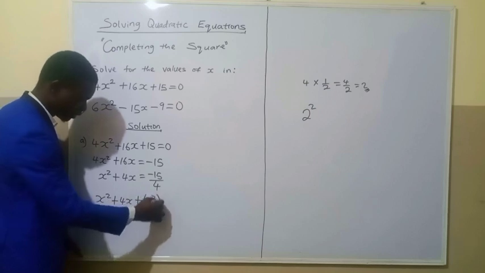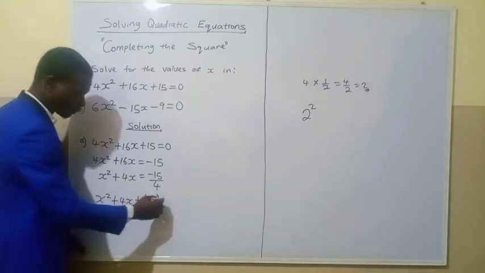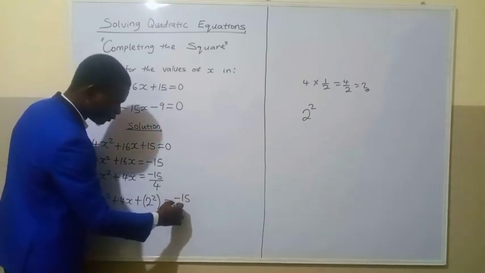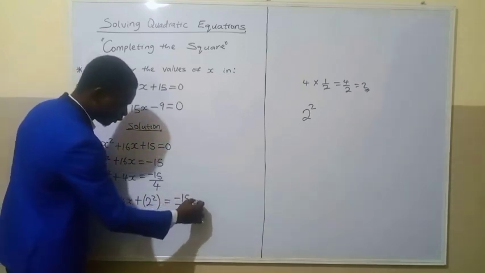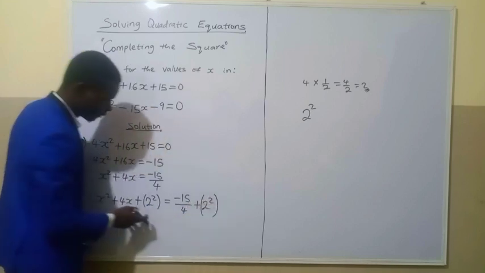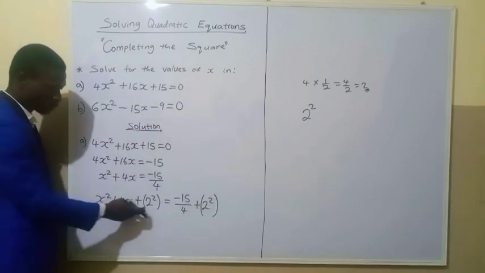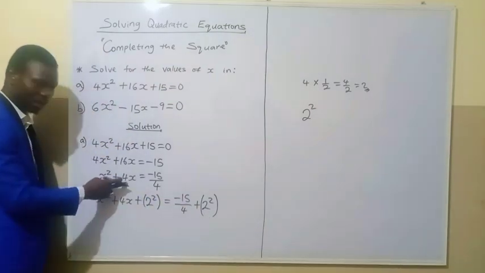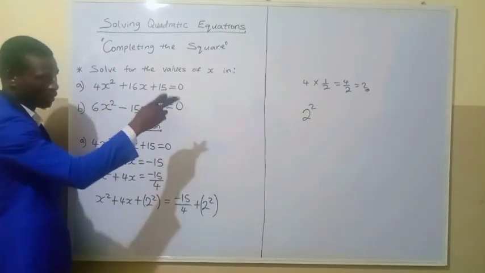Let me put it in brackets. There's a reason for that. And that's going to be equal to negative 15 over 4, also plus 2 squared, as I had it before the equal sign. So I'm adding 2 squared to both sides. And how did I get this 2 squared? Remember, I took the coefficient of x and then I halved it.